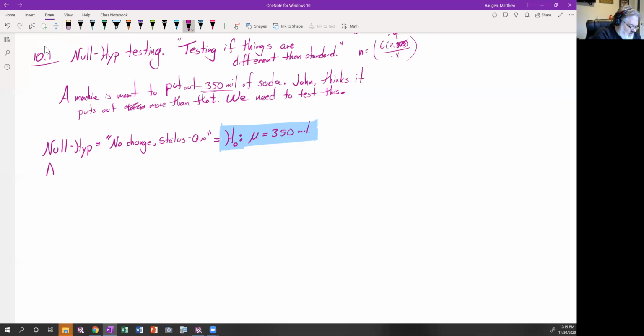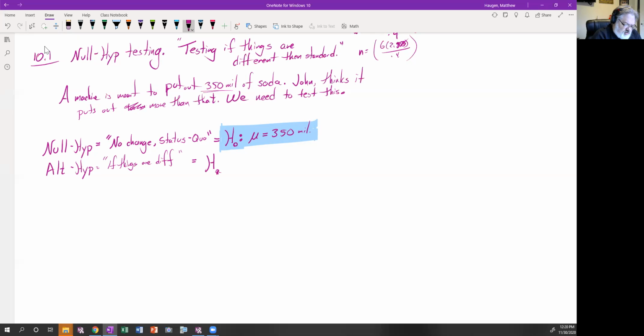Then we have an alternative hypothesis. That's if things are different. And usually that's H sub A for hypothesis alternative.